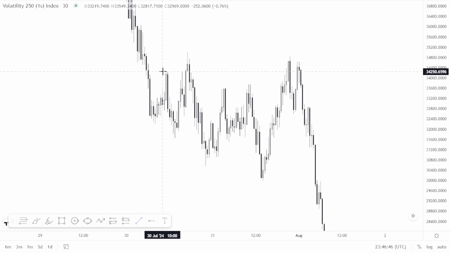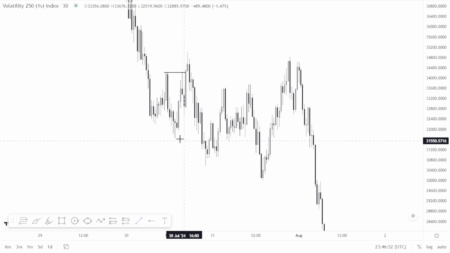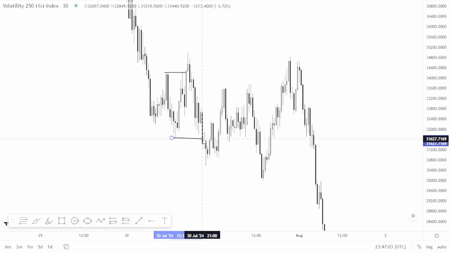So right here, we have a sweep of liquidity. That is checklist 1. And here we have a break of structure to the downside. Checklist 2. Now, the second thing is, do we have a pullback? Yes, we do.